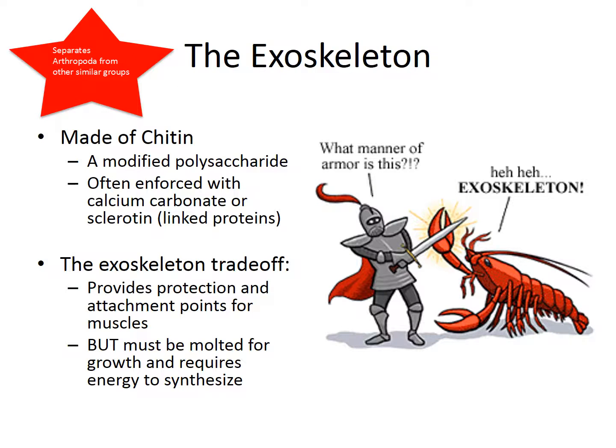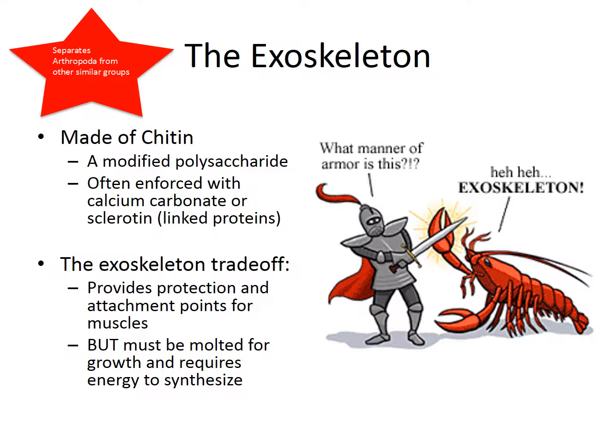The final concept we have to talk about here is the concept of the exoskeleton. This is also something that separates arthropods from all other similar groups. Arthropod exoskeletons are made of chitin, which is a multiple-unit polysaccharide. Often this chitin exoskeleton is reinforced with calcium carbonate or sclerotin, which is simply linked proteins. There's a trade-off with exoskeletons.